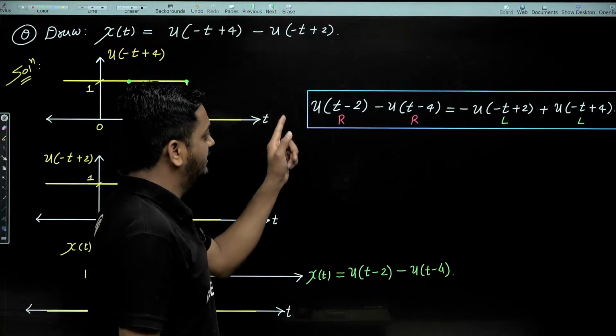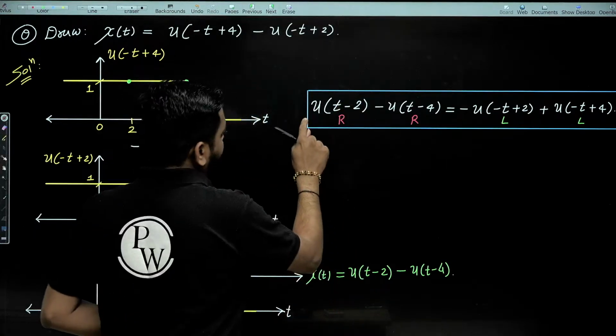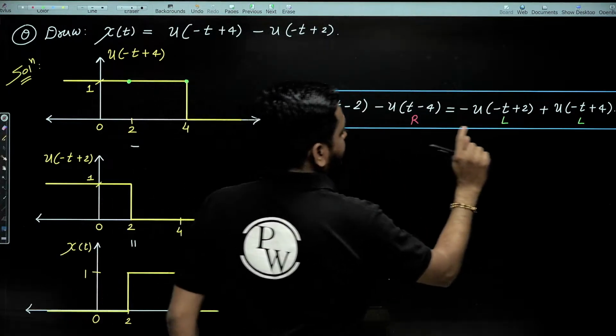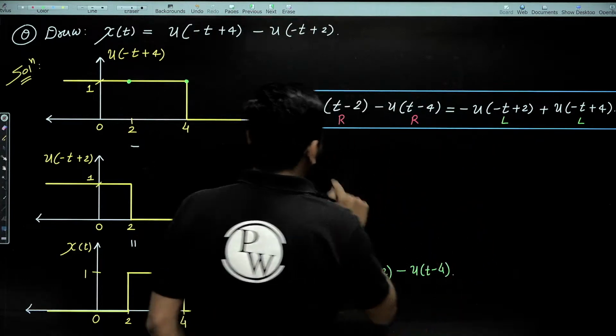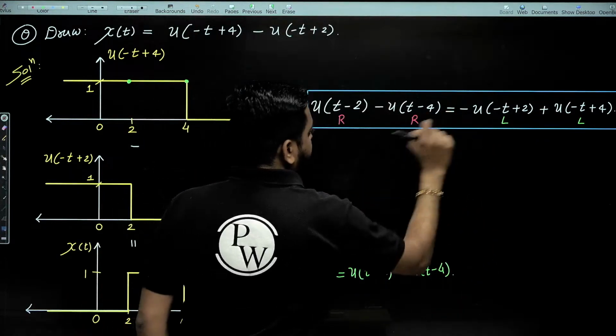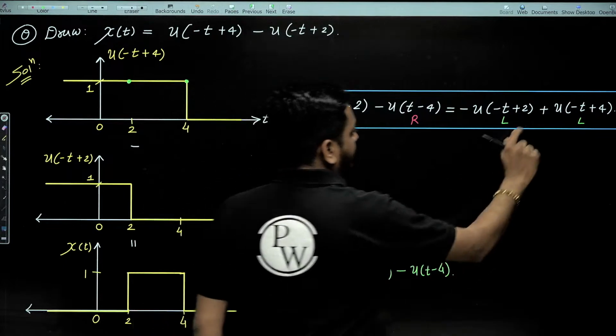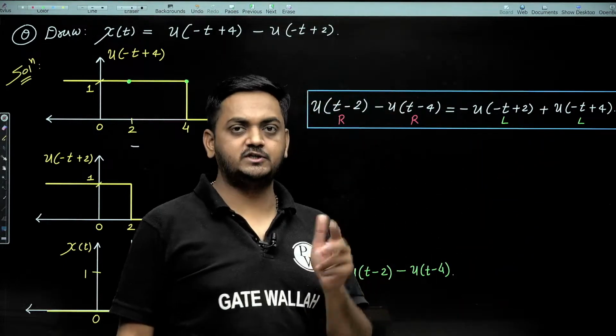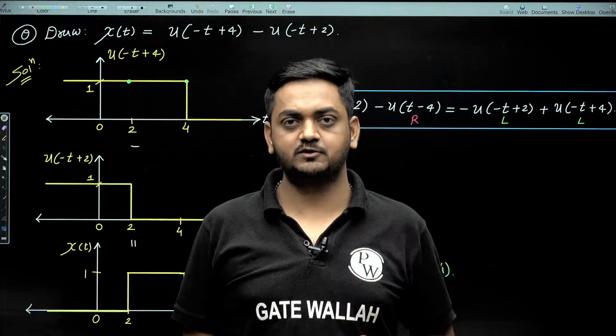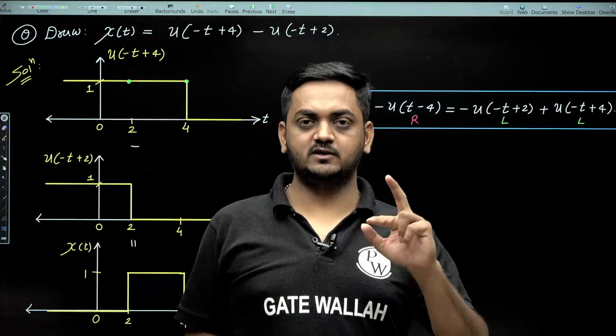You have to change the sign of amplitude. You can see here plus 1, then here it is minus 1. Here plus 1 amplitude, then minus 1 amplitude. Here minus 1 amplitude, here plus amplitude. So simply you have to change the sign of amplitude.